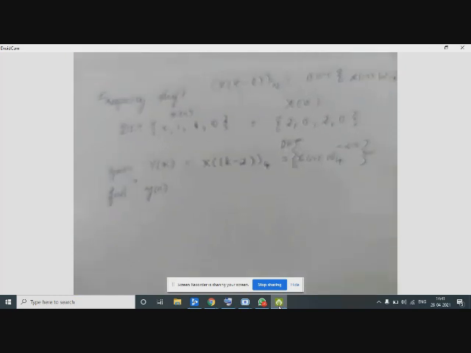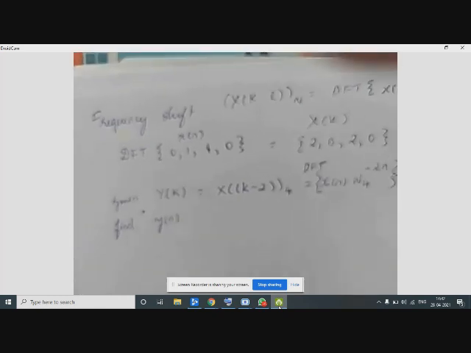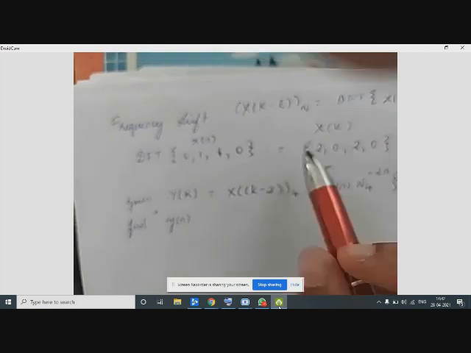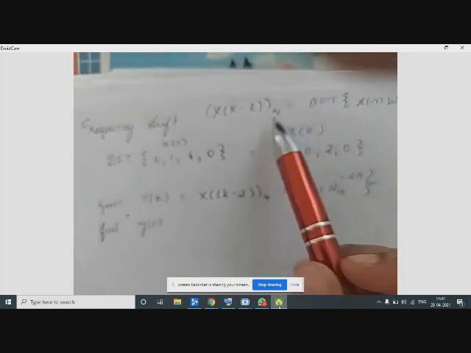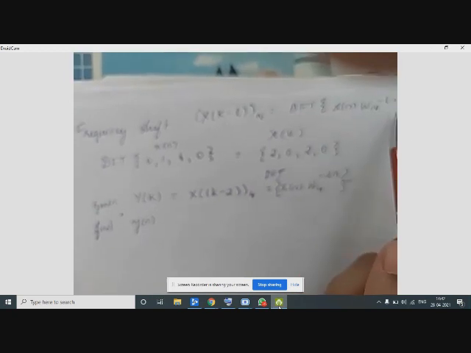So whenever you're doing x of k minus L with mod n, it is DFT of x of n W_n power minus L into n.